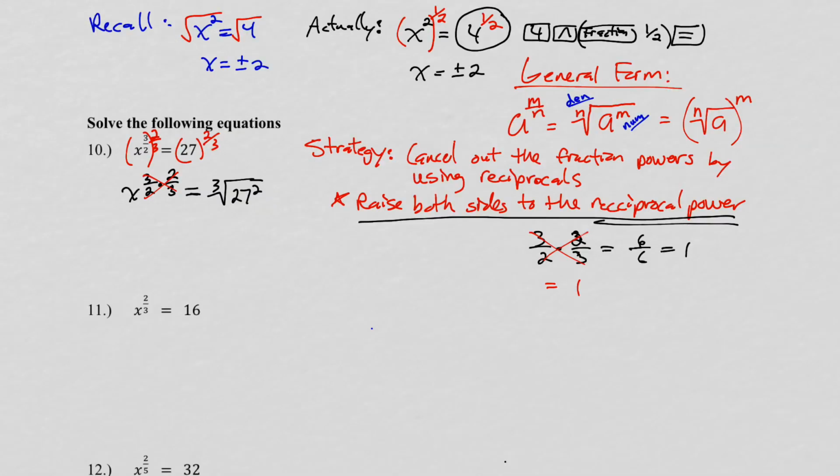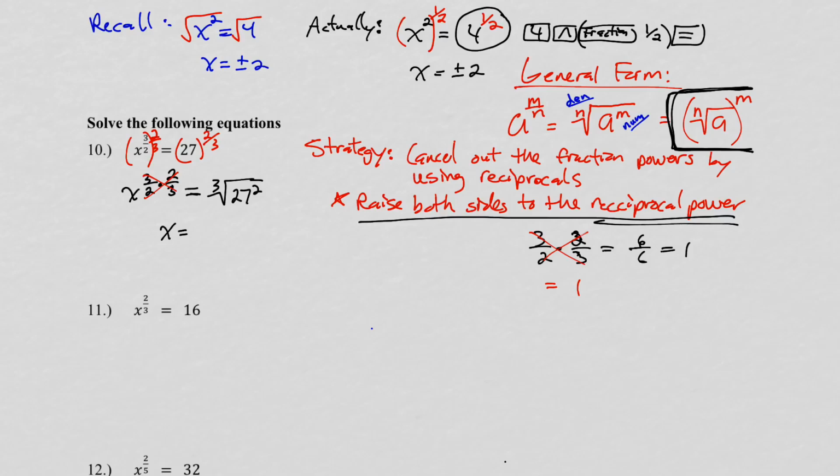So the left side is great. We get x. So now we have the cube root of 27 squared. Well, remember what we're going to use over here. So if you look to the right of the video, you can see that we're going to pull out the power, because 27 squared is a huge number.